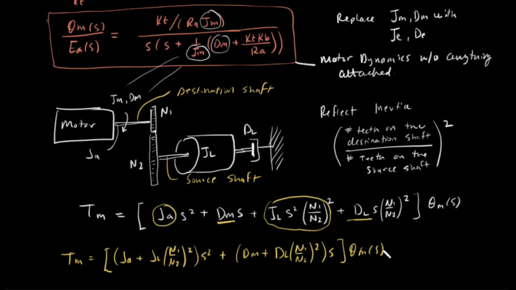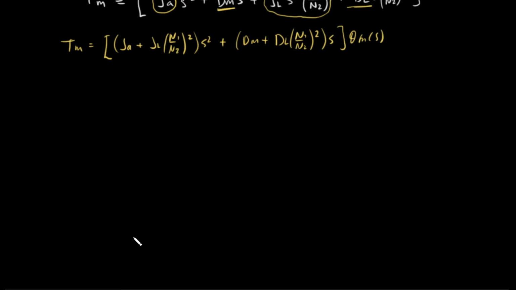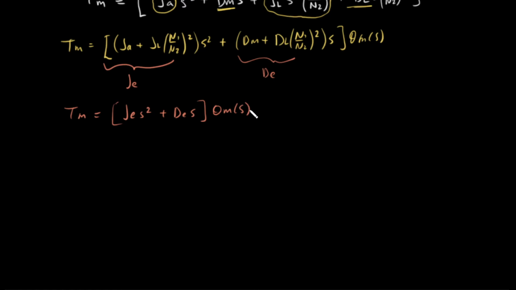We can call this our equivalent polar inertia for that shaft, and we can call this our equivalent damping. And then we just have the motor equation: Tm is Je s squared plus De s, theta m of s.